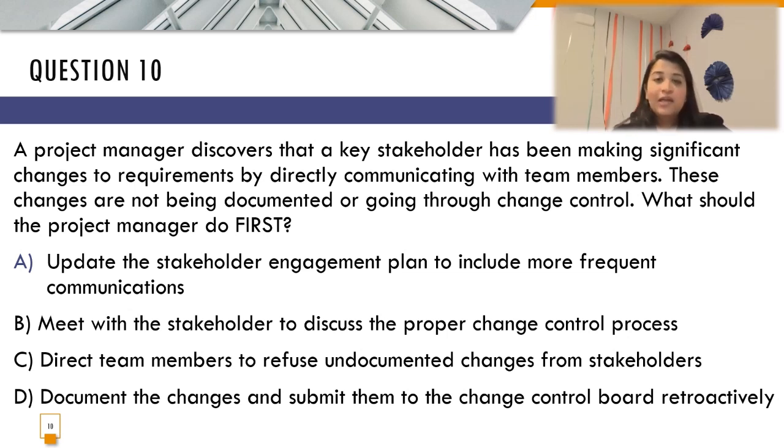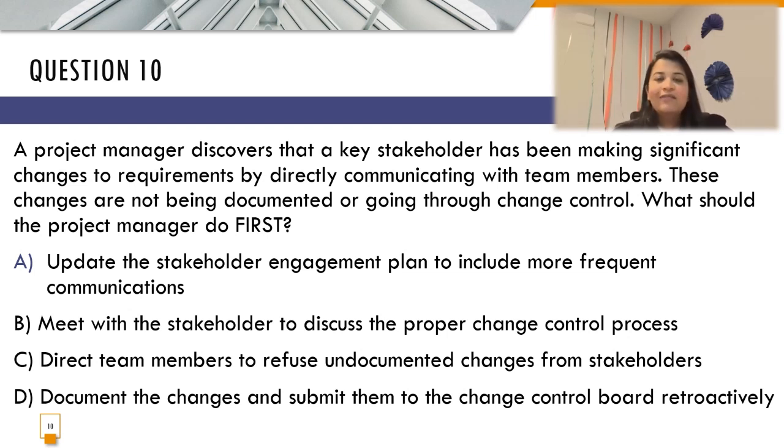Now here the problem given in this particular question is the behavior of the stakeholder. That means the stakeholder directly goes and communicates with the team members that these are the requirements and you are supposed to deliver based on whatever the stakeholder says.